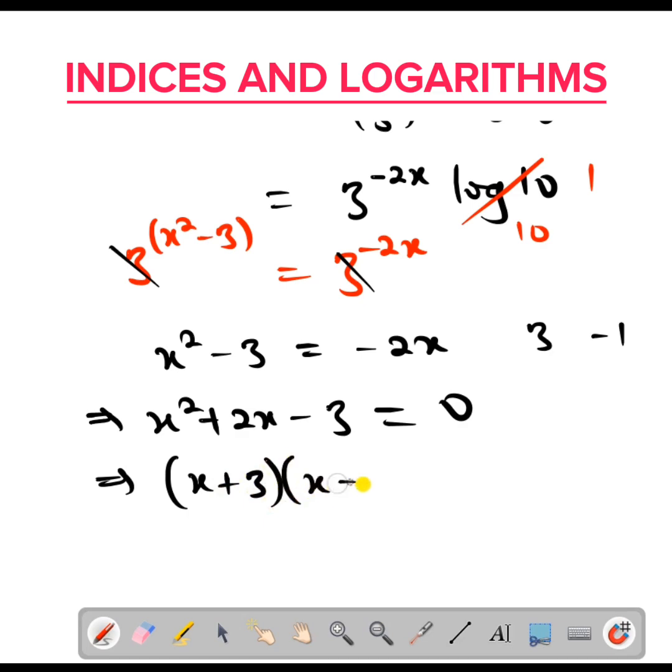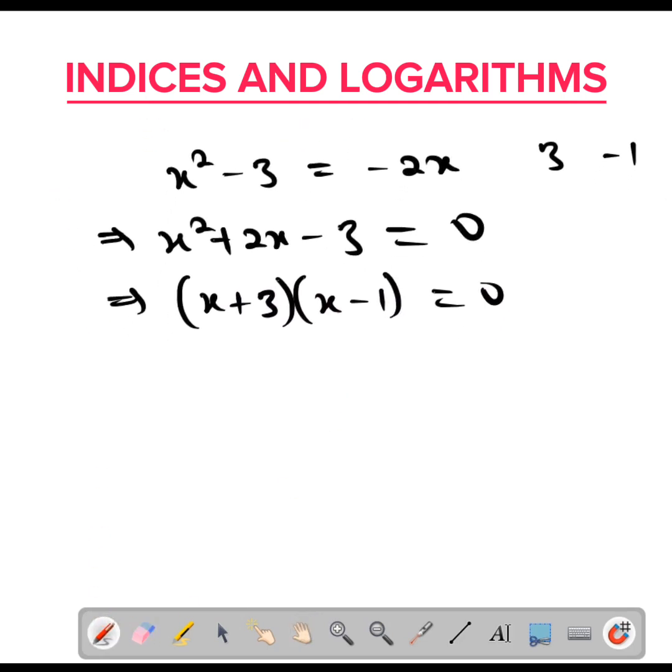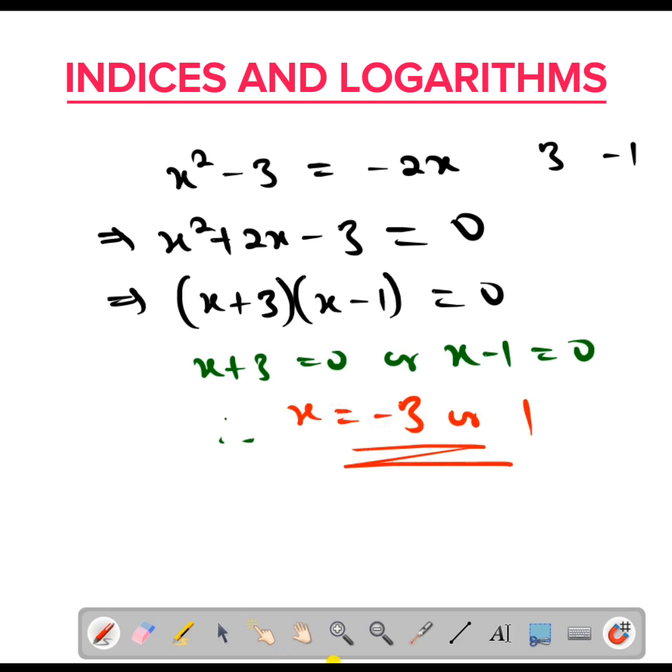So you just have x plus 3 and x minus 1 equal to 0, and that is all you need. So x plus 3 is equal to 0, or x minus 1 is equal to 0. Therefore, our x is equal to negative 3 or positive 1, and that is your solution.